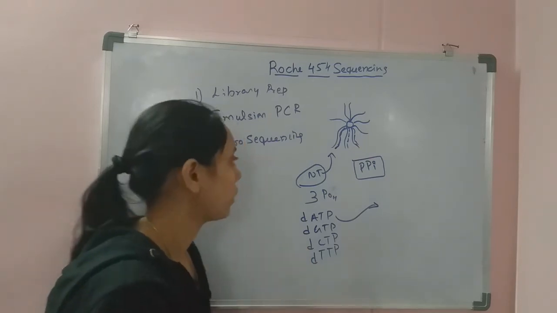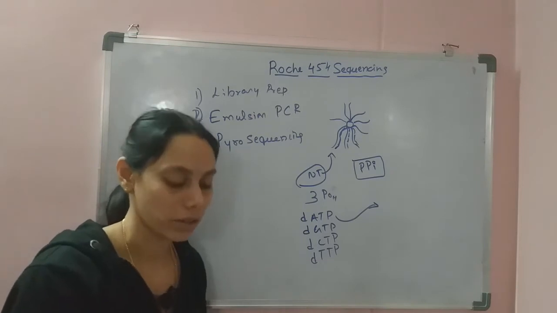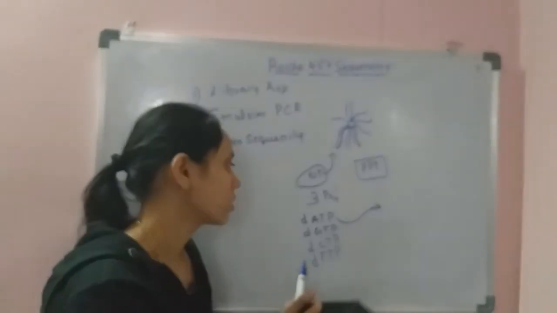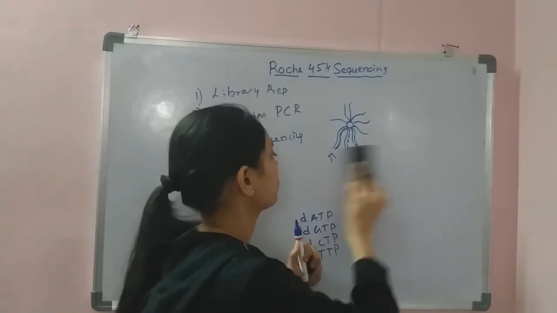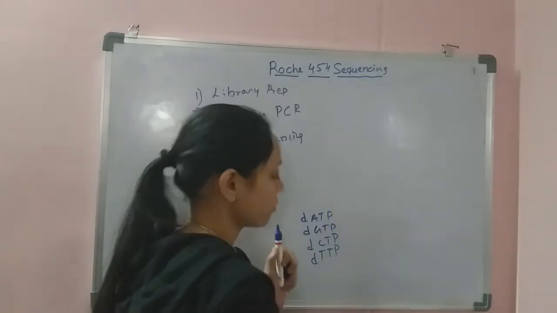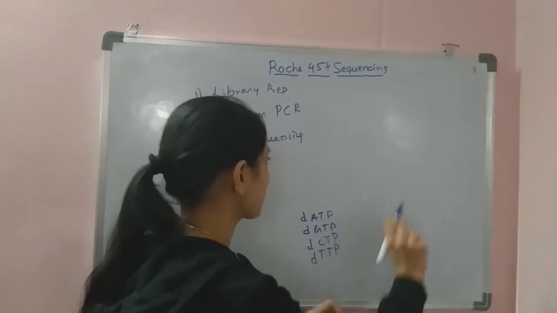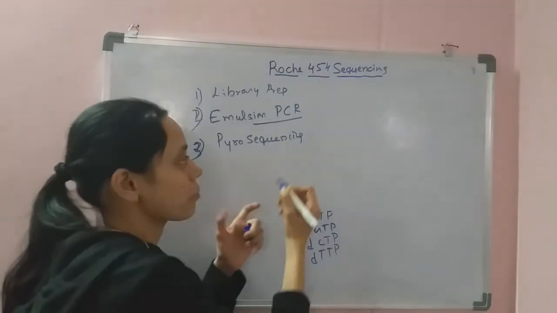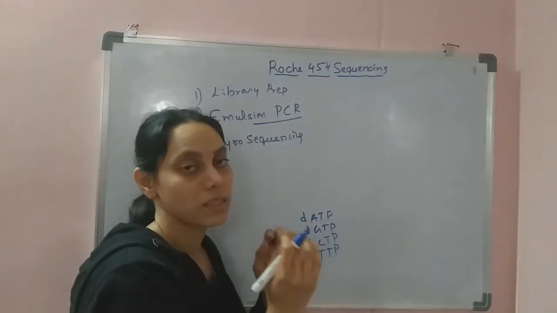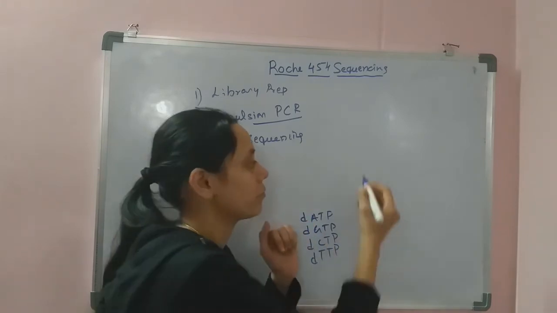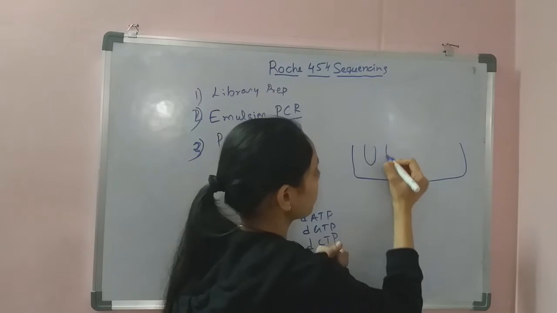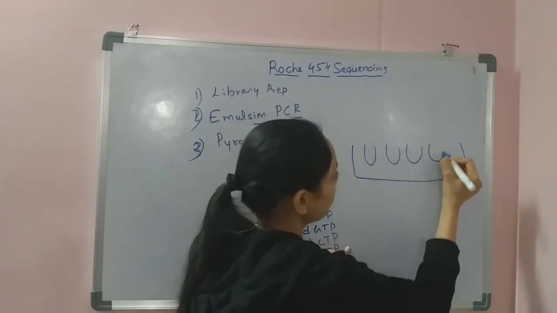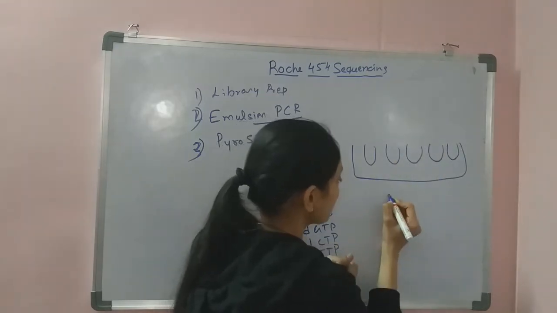Likewise, the pyrosequencing will be carried out. During this sequencing procedure, all these emulsion PCR products, that means these beads containing single-stranded copies, will be added onto the flow cell or the sequencer plate.